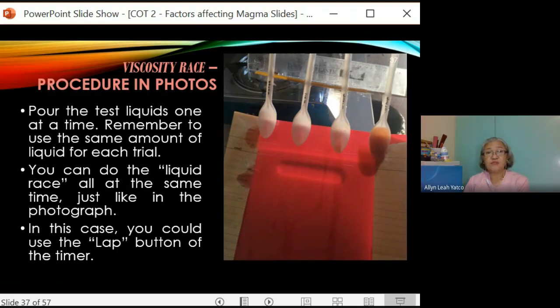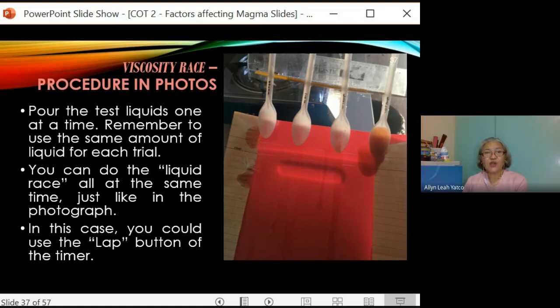Remember to use the same amount of material for each liquid and the same amount of liquid for each trial. You can also do the liquid race similar to the one in the photograph.